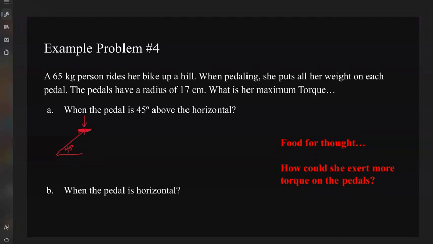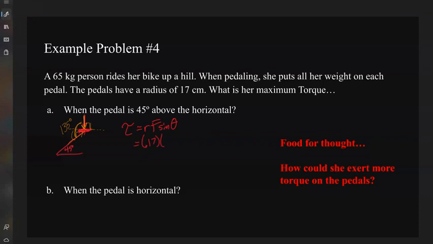All right. So here's a slightly stranger interpretation of this, because our angle between these is 135 degrees. We have the 90 degrees to that level bit, and then we have the 45 degrees, that's the extra part there. Add that up, 135 degrees. So the torque exerted by this person pushing down on her pedal is RF sine theta, and the radius of these pedals, 17 centimeters, so 0.17 meters.